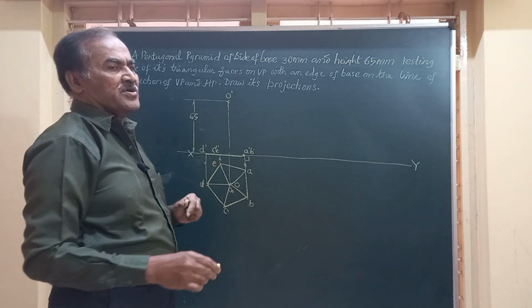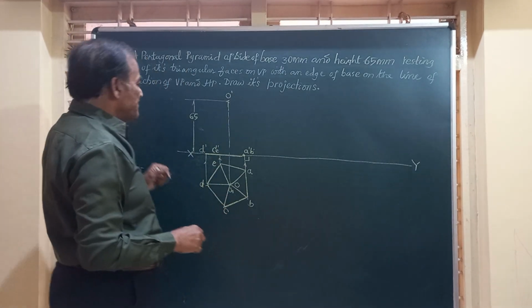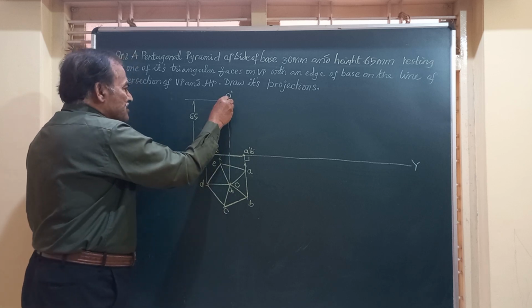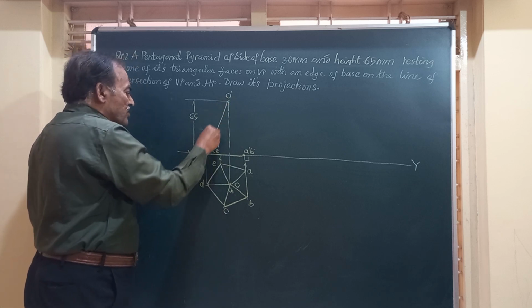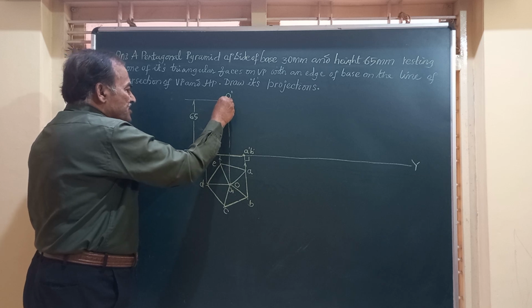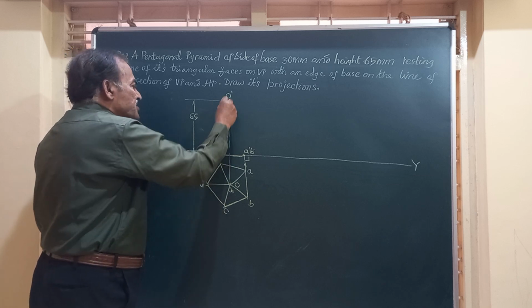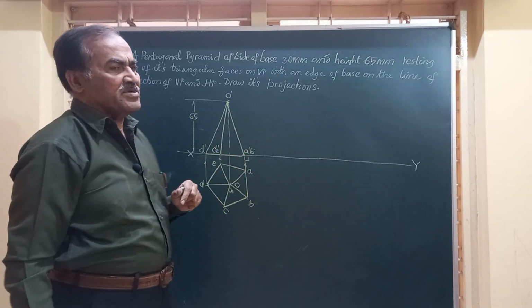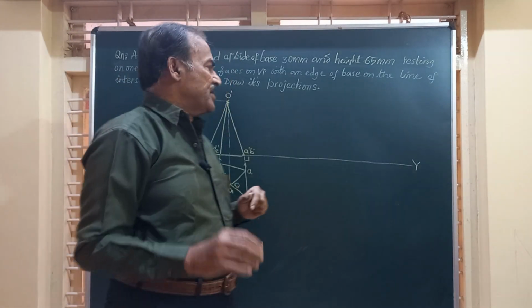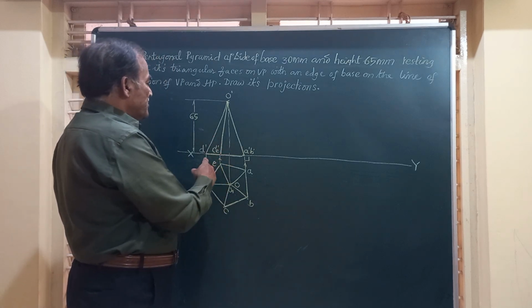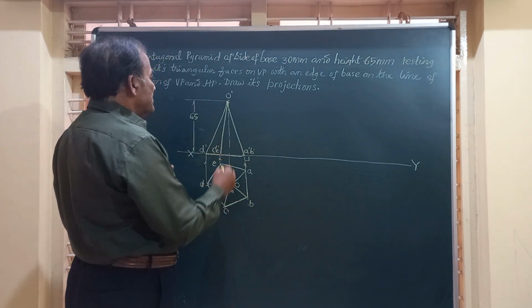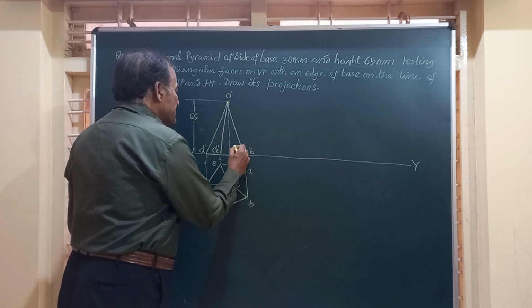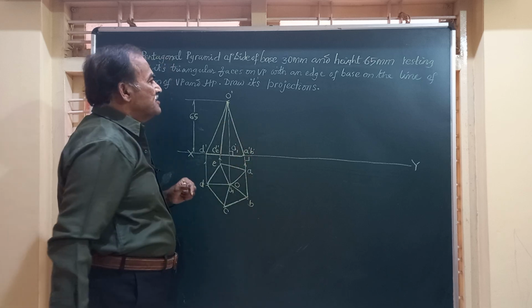O dash is the front view of the vertex, and we join this vertex to all the corners of the base: O dash D dash, O dash C dash, O dash E dash, O dash A dash and O dash B dash. Finally, there are 5 slant edges OA to OE. Friends, this is the center of the base and we represent it as O1 dash.